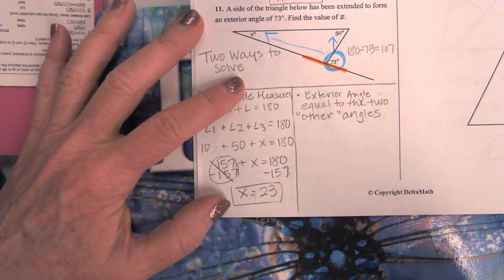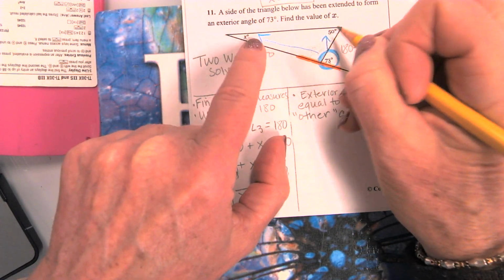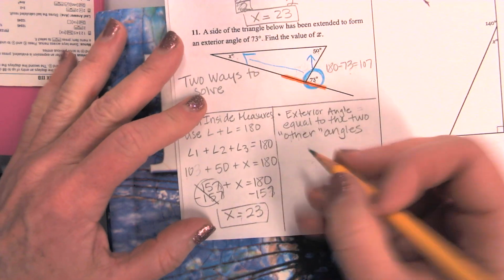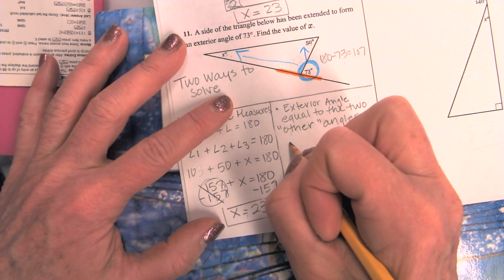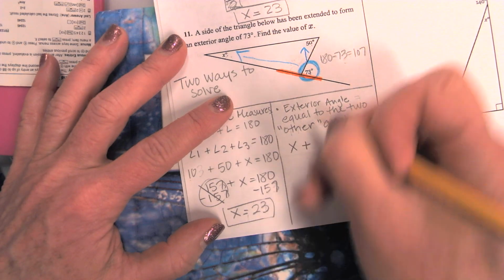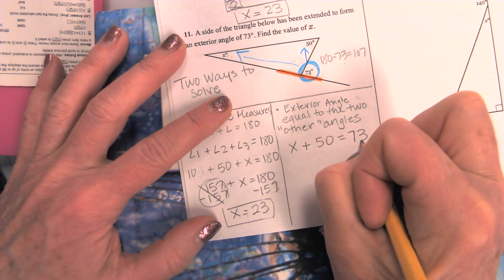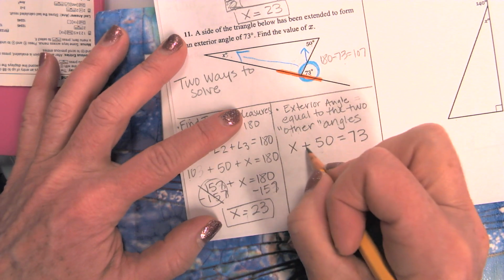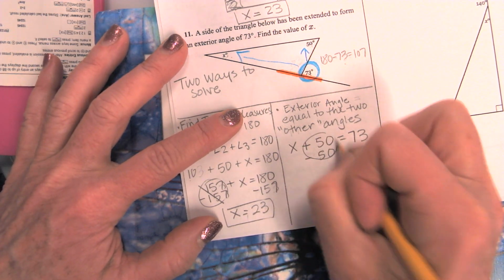So now I remember. This is 73. This is the same measurement as these two added together. So I know that the other two angles, x plus the 50, will be equal to 73. I have a one-step problem here. I'm going to subtract 50. It becomes a 0.